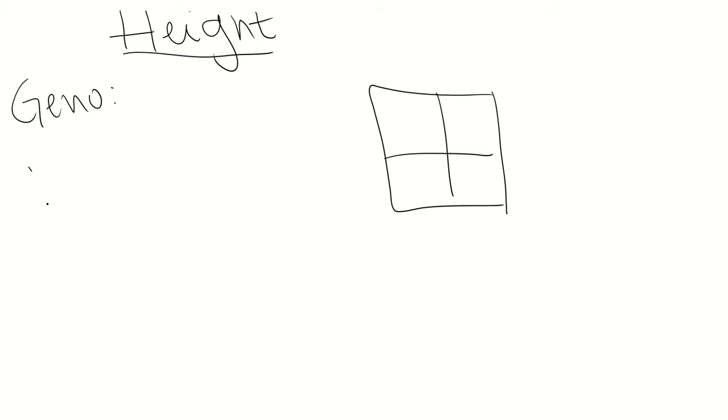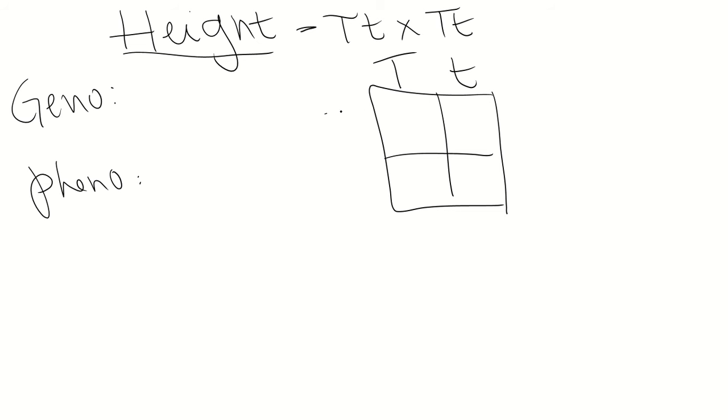We'll just put geno and pheno, do some abbreviating. Remember, we're crossing for the monohybrid two heterozygous individuals. So we're going to have big T, little t by big T, little t. Heterozygous by heterozygous. So we'll transfer those two down here into our square.